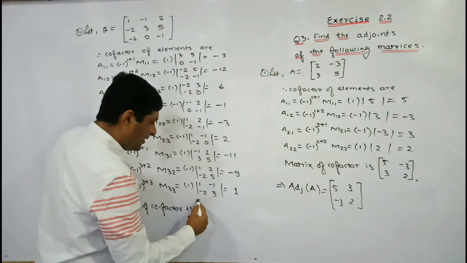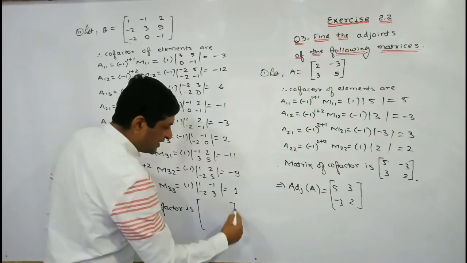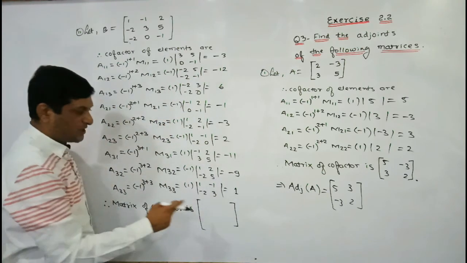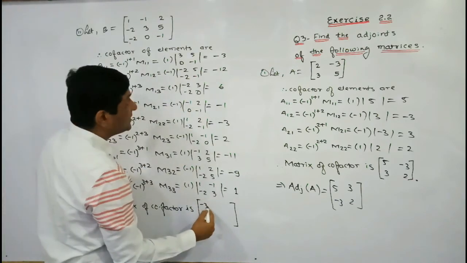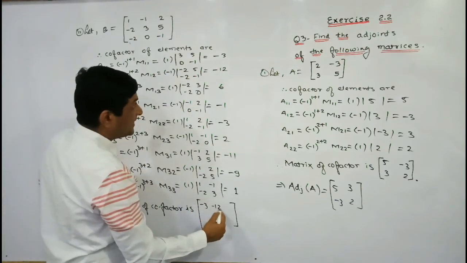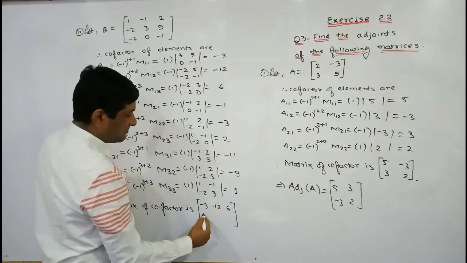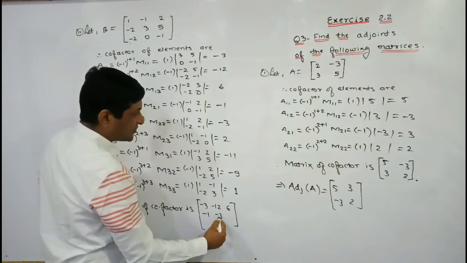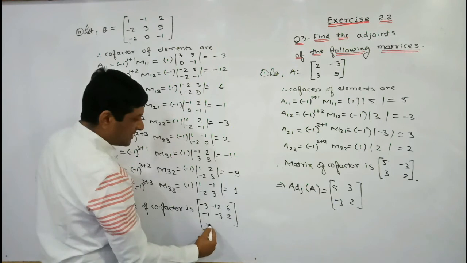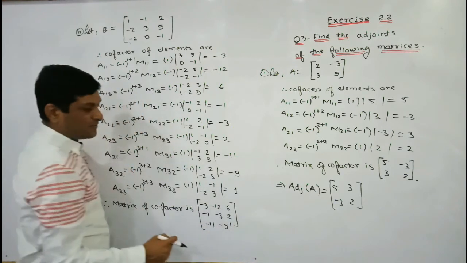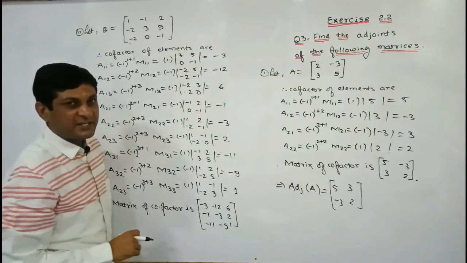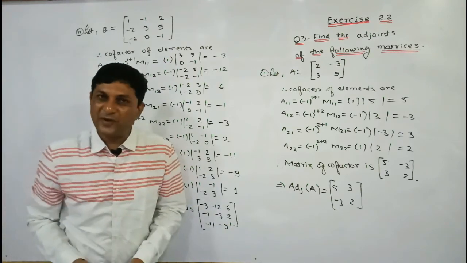Now collect all these cofactors in one matrix, which is called the matrix of cofactors. So what we are getting here: -3, -12, 6, then -1, -3, 2, -11, -9 and 1. Once the matrix of cofactors is known to us, we can easily find the adjoint of a matrix.